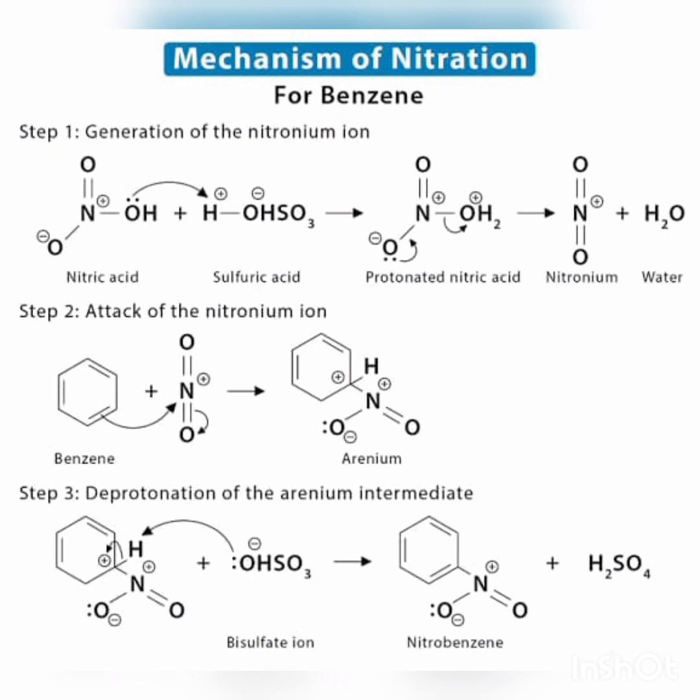H will be added to the OHSO3, removing the proton from the arenium ion to give nitrobenzene. So C6H5NO2 will be formed with the elimination of sulfuric acid, H2SO4.